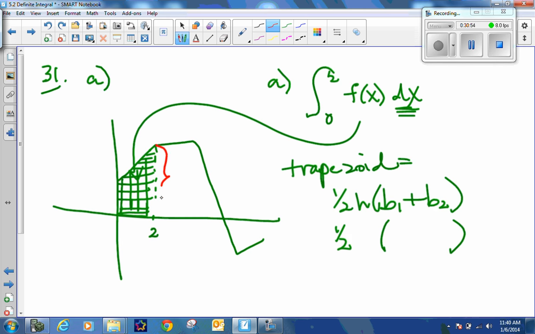This is base 1 and this is base 2. You can tell by the graph that this one is up at 3 and this one is up at 1. So 3 plus 1, and the height would be right here, which is 2. Then you would find that. So that's how you do it in terms of area when the graph is already there.